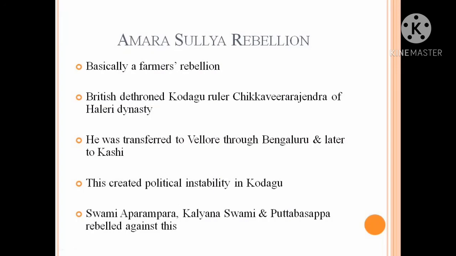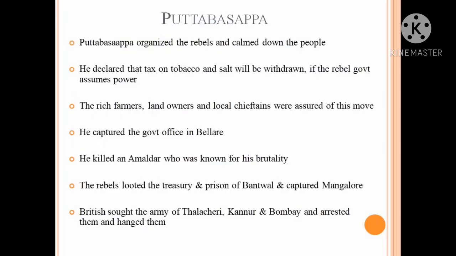So there we have to discuss Puttabasappa. Actually, an ordinary farmer named Puttabasappa acted as Kalyana Swami. Kalyana Swami rebelled; he was the main person who planned the rebellion against the British.